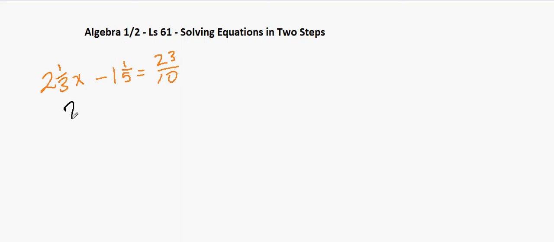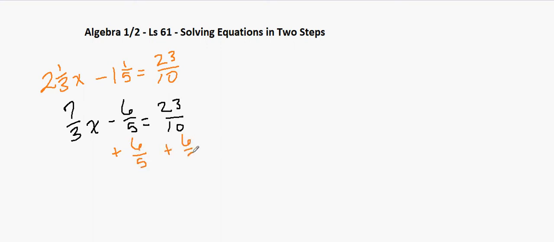So I guess we can follow their lead and say 7/3 x minus 6/5 is 23/10. Okay? Now what's that process? Don't do the 7/3 yet. Don't deal with that. Add, right, the inverse operation for that 6/5, which really has to be done horizontally.